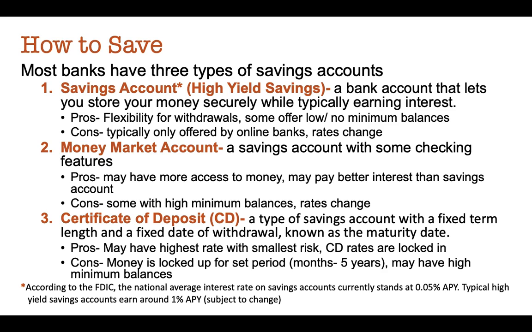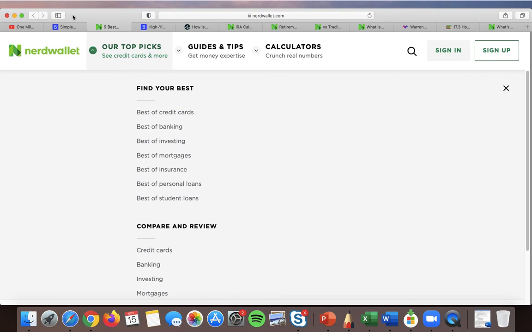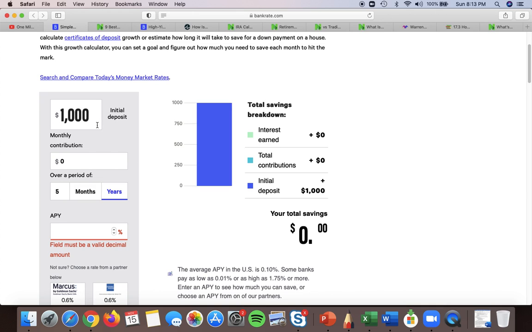So if you want something that mimics a traditional savings account, you might want to think about a high yield savings account, or an HYSA for short. This one typically has higher rates and typically is only offered by online banks. But just to give you an idea of the difference between a 0.05% APY and a 1% APY, I have this simple savings calculator.